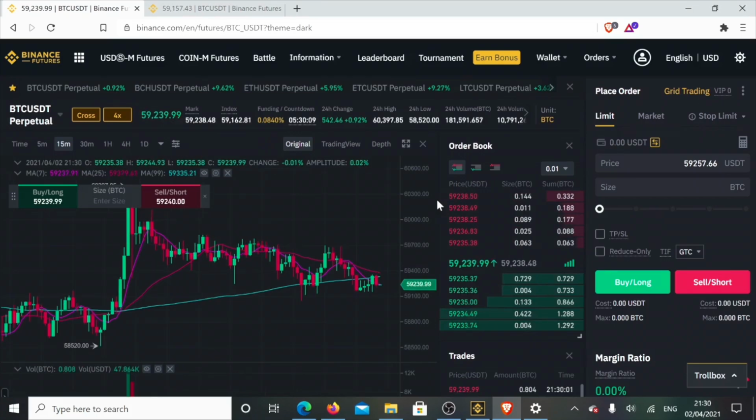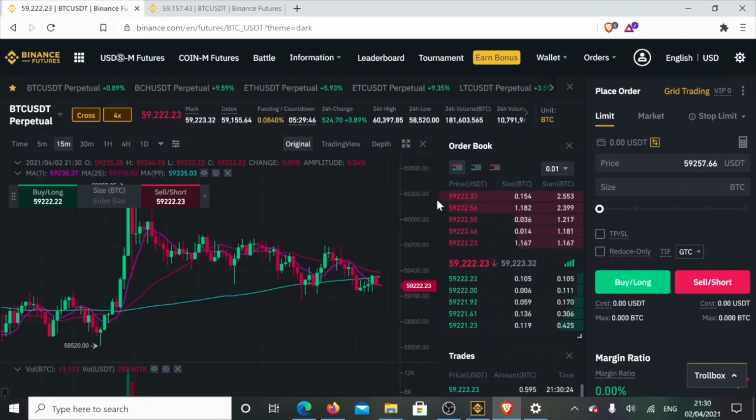In layman's language, you are borrowing more than what you have in your account. So if you have 1,000, you can set a leverage of times 5, and you'll be able to trade with 5,000. So you are borrowing 4,000 extra. Okay, if you have a leverage of 10, you are borrowing 9,000 extra. Okay, so that is exactly how that works.